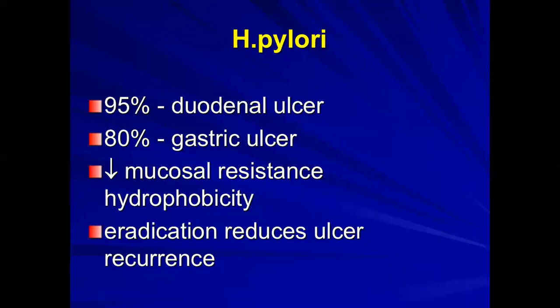A few words regarding the diagnosis of H. pylori. H. pylori can be diagnosed with 95% sensitivity with the urea breath test, and you can use the stool H. pylori antigen test or an endoscopic mucosal biopsy.